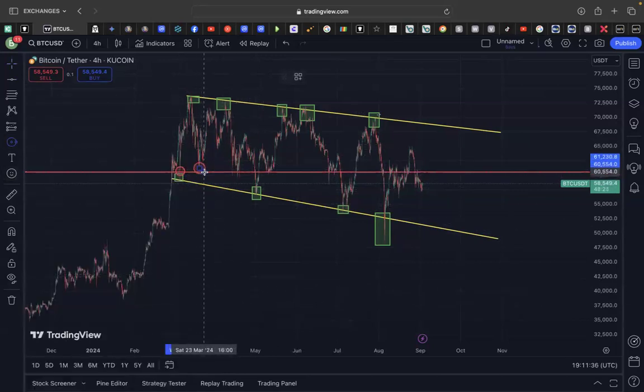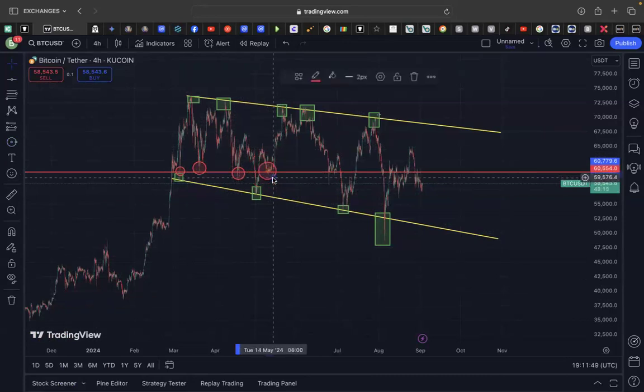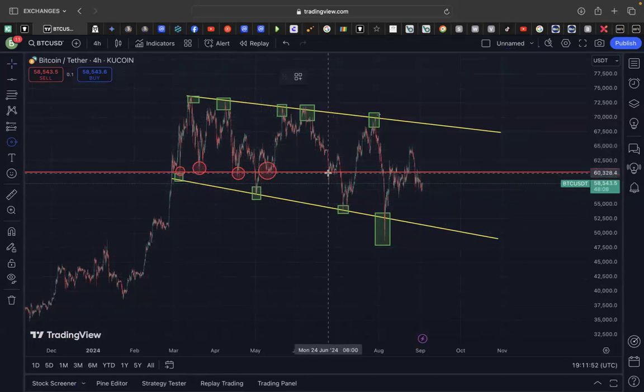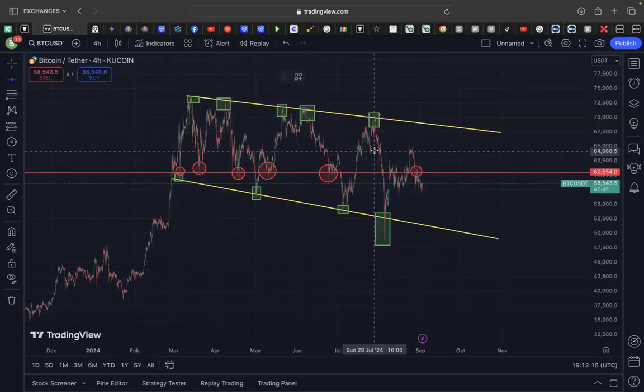With this level right here, then we have another one somewhere here, and another level somewhere right here.